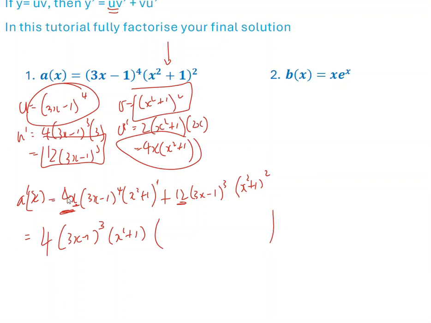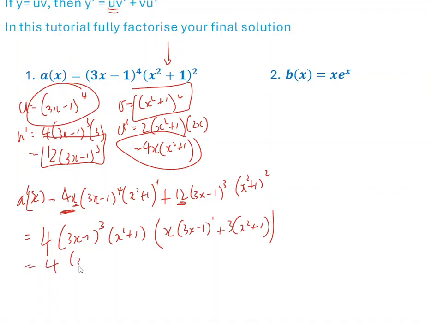And that leaves me with the 4 went out, but I'm left with the x. 3 of these went out, so I've got (3x - 1) to the power of 1 still in there. Plus, I took out a 4, so there were 12, so I've got 3 left. And all of that bracket went out, and I've got (x^2 + 1) to the power of 1, because I took one of them out.